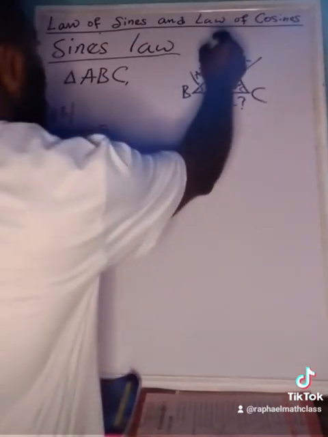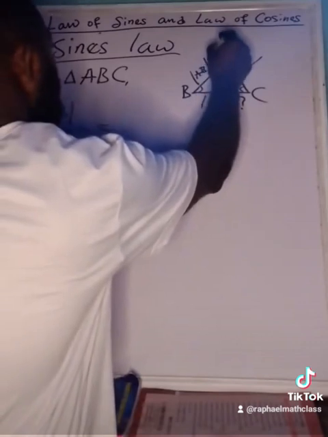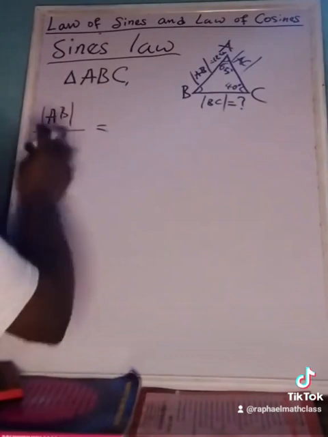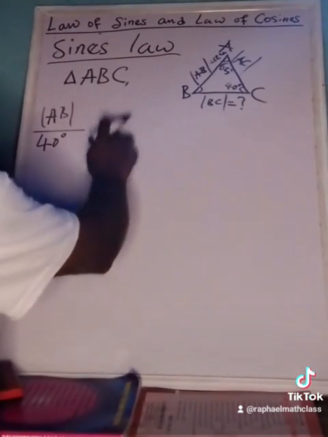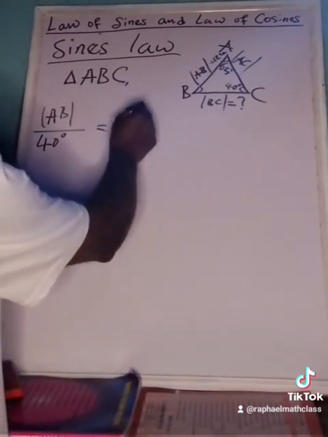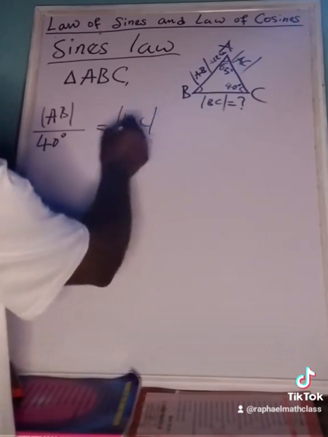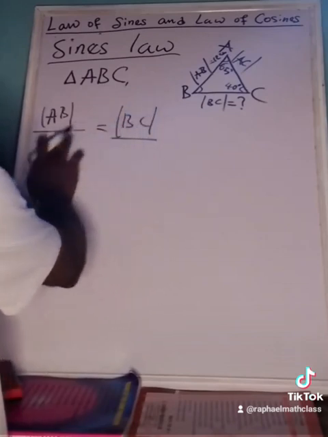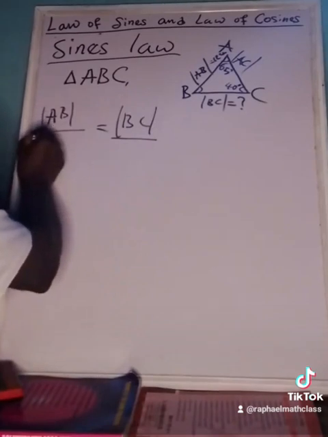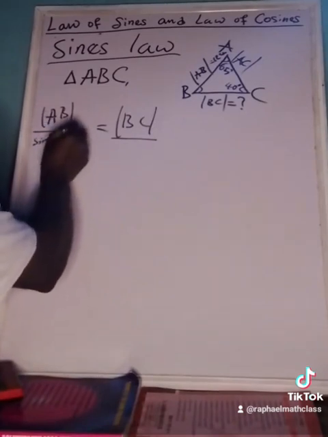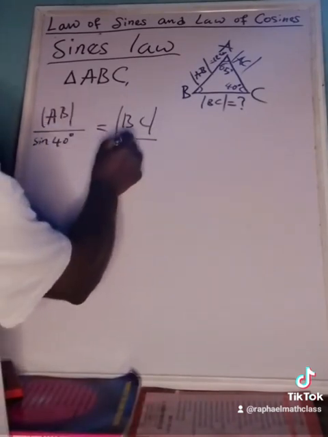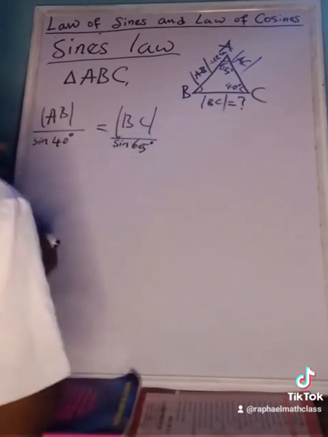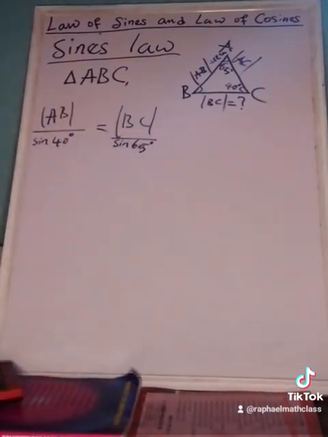Remember, side AB is 12 centimeter. You understand? This is what we are going to do.